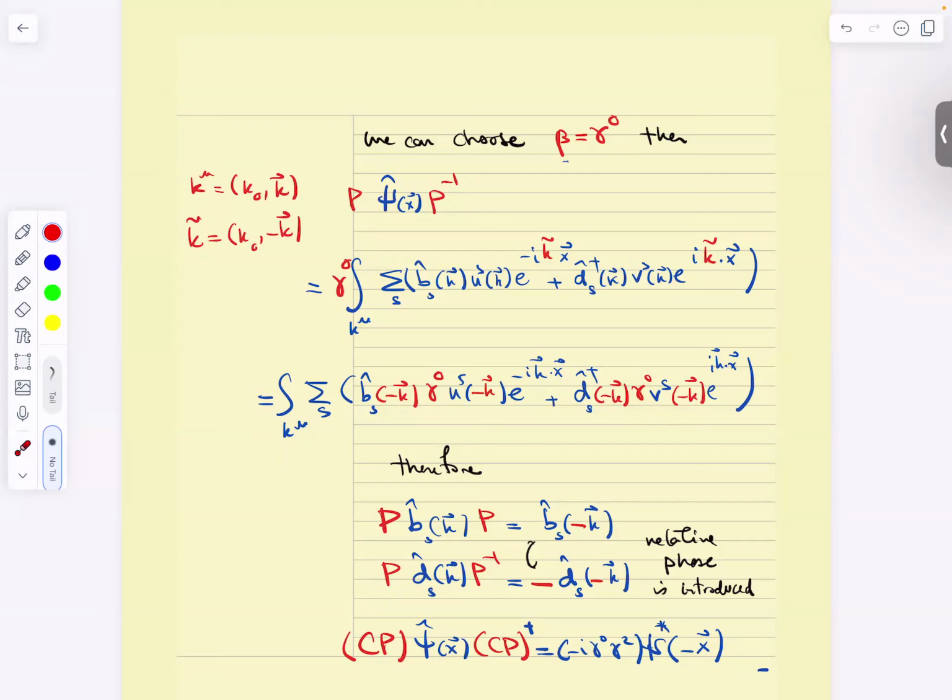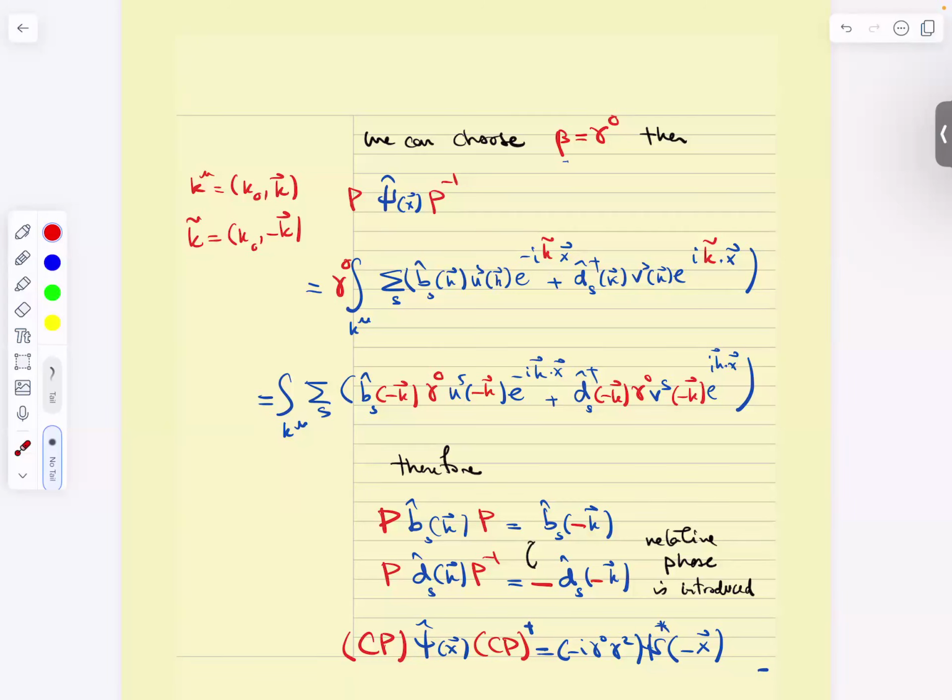So long story short, the action of it on the creation and annihilation operators acts this way. It takes the particle and flips the k mode. So it takes the particle annihilation operator and creation operator, so P of b of k becomes b of minus k.